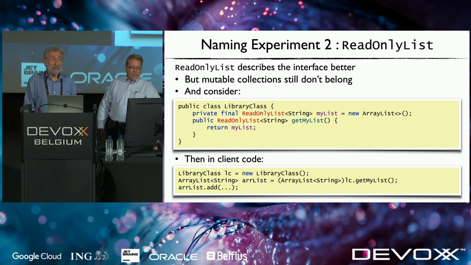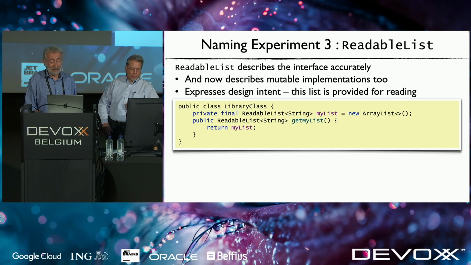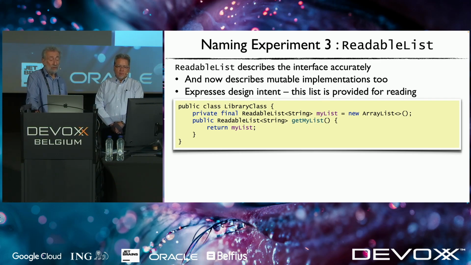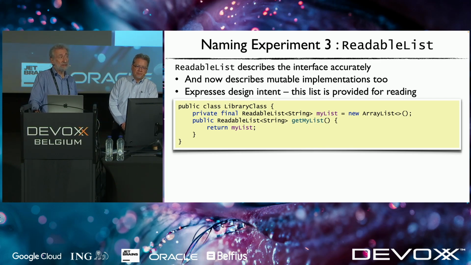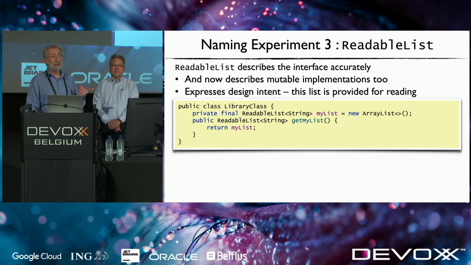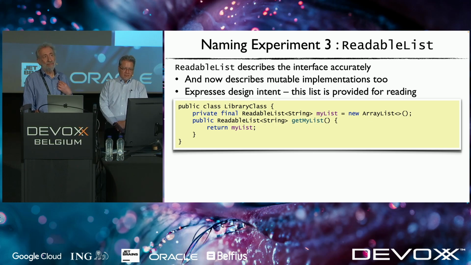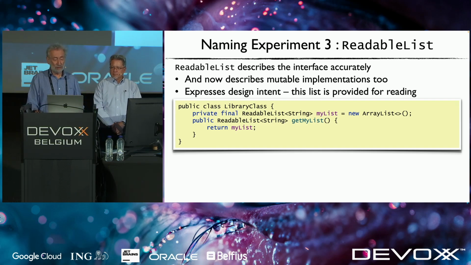So naming experiment 3 is, let's actually give this thing the name that it really deserves. We'll call it readable list, right? So that top level interface is now accurately described by that name. I mean, if it's got accessor methods on it, they can read it. Then it clearly is a readable list.